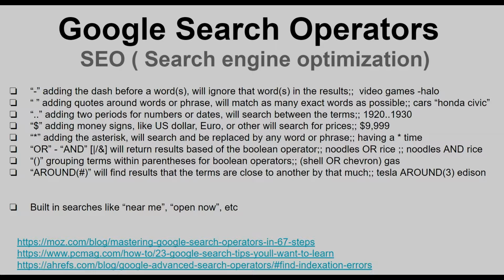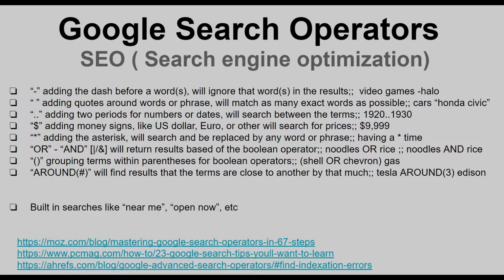So let's say having a blank time, it will return results with all different kinds of things like having a good time, having a bad time, having a fun time, having a whatever, and it'll just replace that asterisk with other results that contain the rest of that phrase.